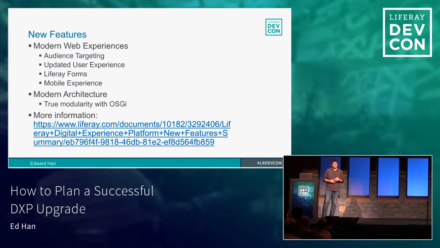So this includes features like audience targeting, updated UX, new features like Liferay Forms, and improved mobile experience. And of course, the biggest one that you are probably familiar with by now is the move for modern architecture with OSGi, our migration from the old simple web app-based deployments into actual OSGi modules.